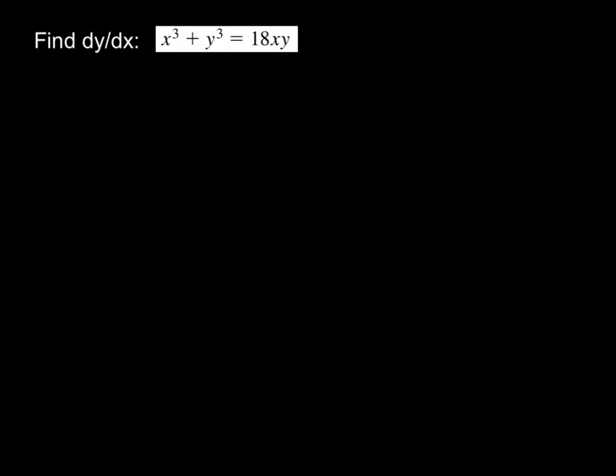So the derivative of x cubed is 3x squared, and then remember, it is that dx over dx, but I'm not going to write that anymore because we know that equals 1.